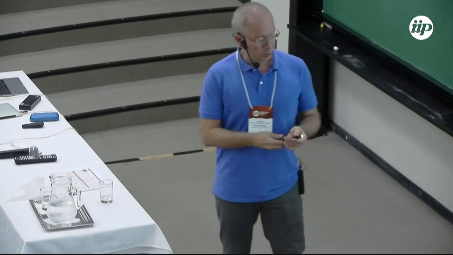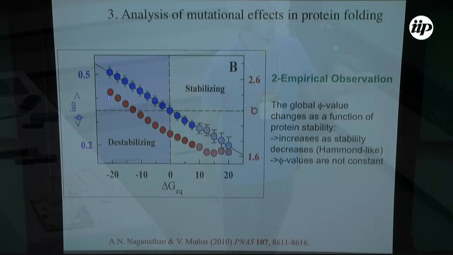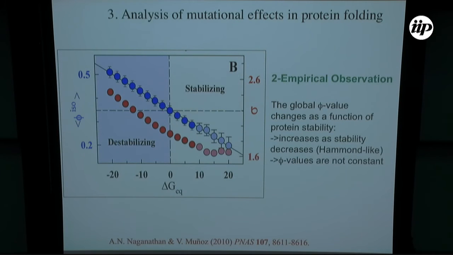But the observation is this, and the other thing that is kind of interesting is that here in red what we are plotting, and this is the scale, is actually the standard deviation of the data. So how close to the line it is. So when we go to very stabilizing conditions, very native-like, the standard deviation is minimum, which means everything looks pretty much the same.